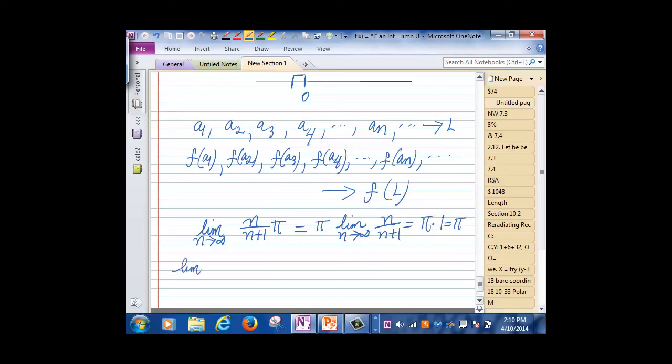What's the limit as n goes to infinity of sine evaluated at n over n plus 1 times pi? What is that limit?